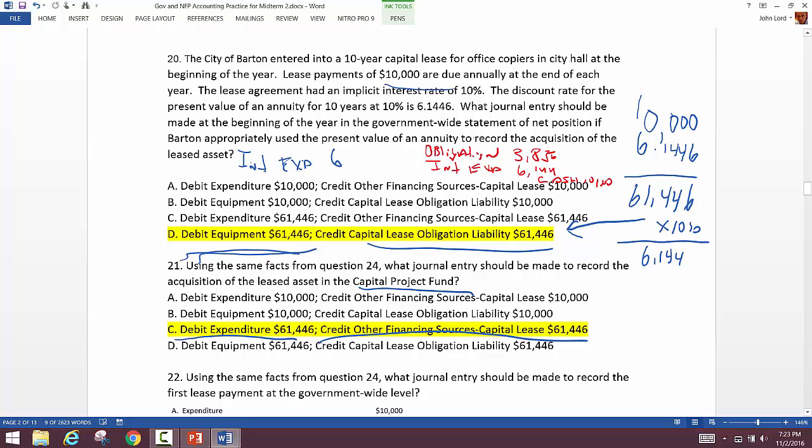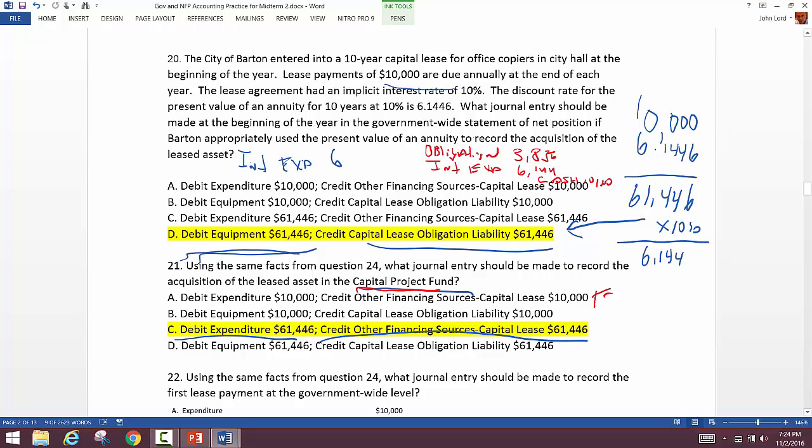Right? Okay. What do you want me to do at the capital project fund, the individual fund level? When we make this payment, maybe it's made out of the general fund, I don't know. But whichever governmental fund makes the journal entry, what do you want me to do?